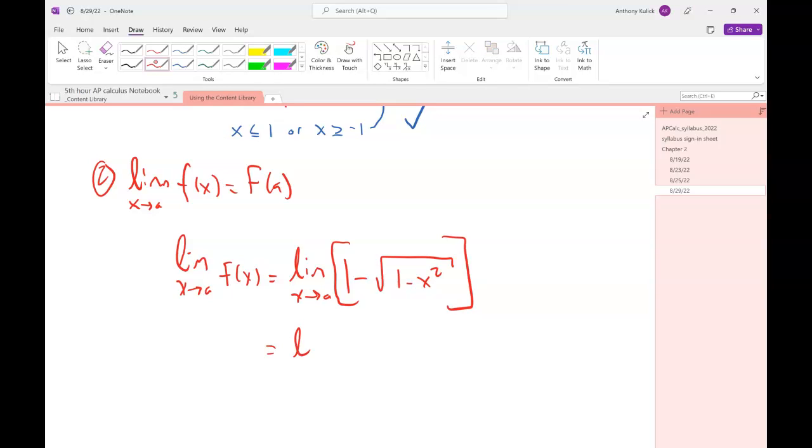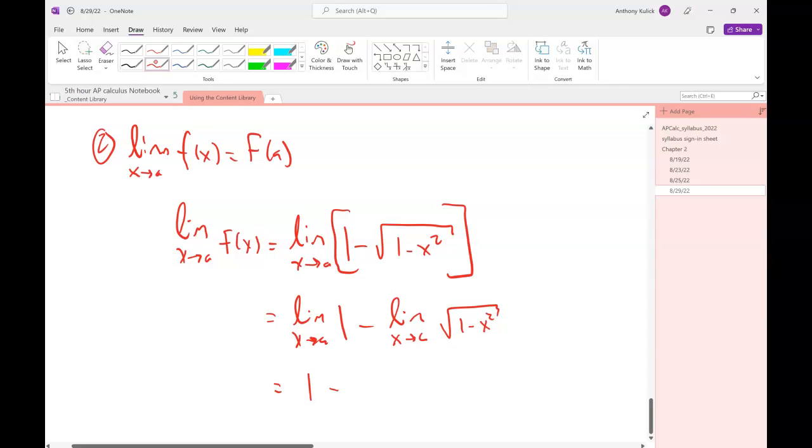So first thing I can do is distribute my limit to both parts of that function. Everybody's good with that? What's the limit as x approaches a of 1? 1, very good.